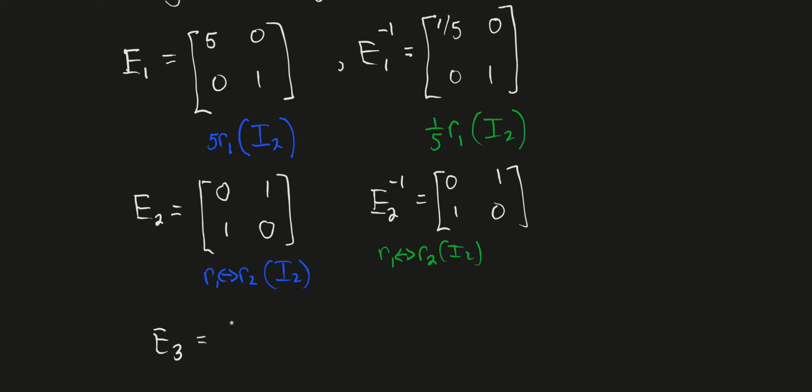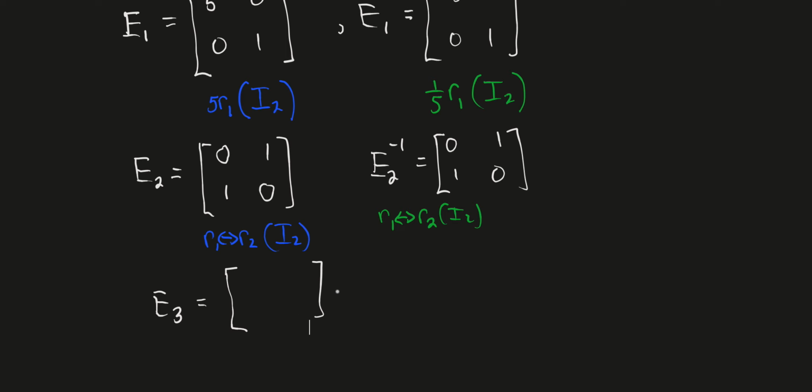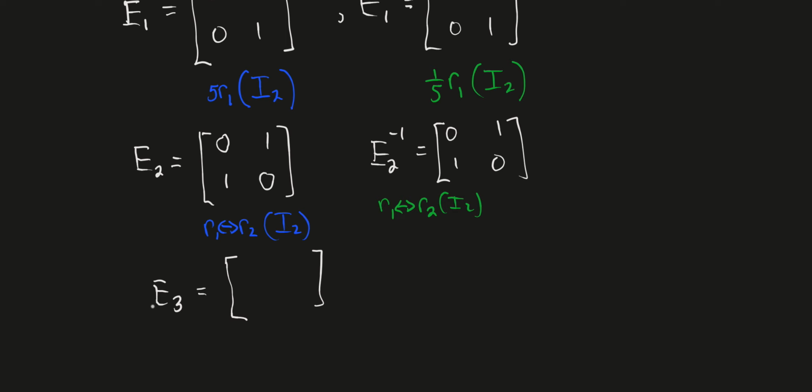Let's say I do one of the more, not really complicated, but the ones that we use to eliminate a lot of entries. So let's say I take my 2 by 2 identity matrix and I perform this operation: 2 times row 2 added to row 1. Let's think about what that would mean.